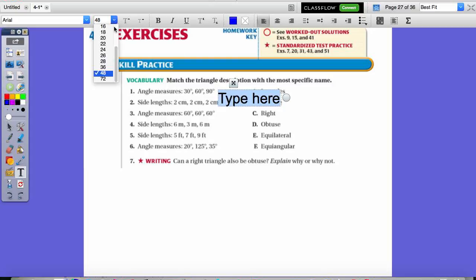That is definitely going to be a right angle, and we'll see if there's a better name. Side lengths of 2 centimeters, 2 centimeters, and 2 centimeters. So all the side lengths are equal. That is an equilateral triangle, okay?